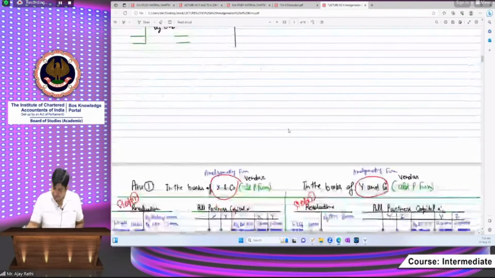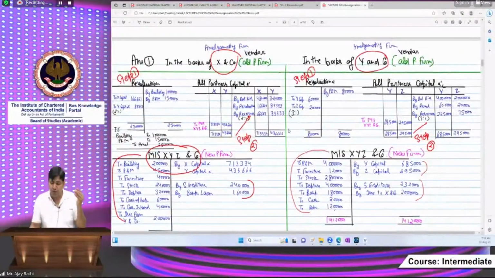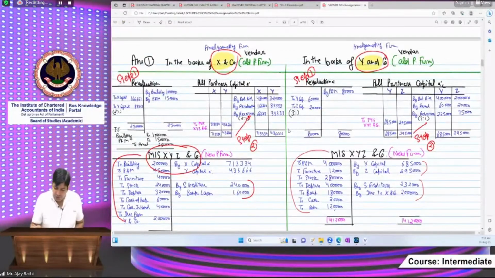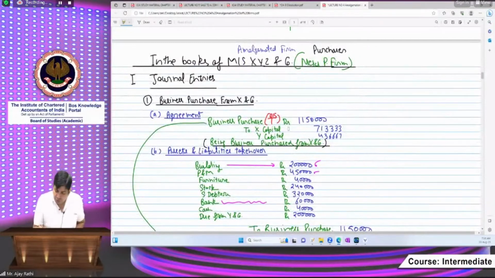Yes, sir. So I have given you the solution in the books of both the firms. In the books of X and company, you will be finding on the left side, this is the X and company books, old partnership firm, and this is Y and company's books. And after that, you will be finding the solution in the books of new partnership firm, that is X, Y, Z and company.